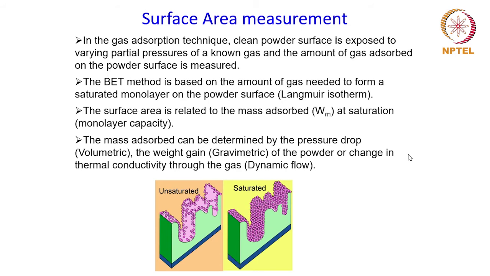So what we need to obtain from here is the mass adsorbed at saturation when the monolayer is formed, right? So this is what we are looking for, Wm, and just now we have seen how it is related to the partial pressure of the gas or the relative pressure.